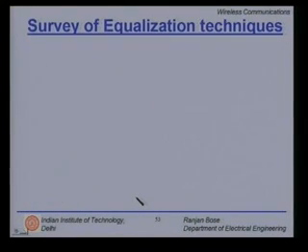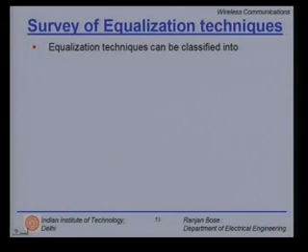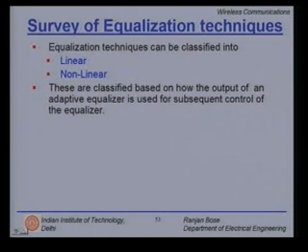Now, let us have a quick survey of equalization techniques. Equalization techniques can be broadly classified into the following: linear equalizers and nonlinear equalizers. These are classified based on how the output of an adaptive equalizer is used for subsequent control of the equalizer.